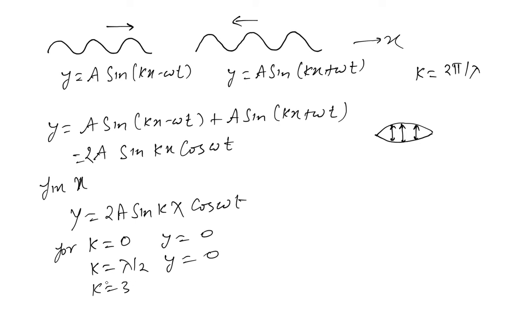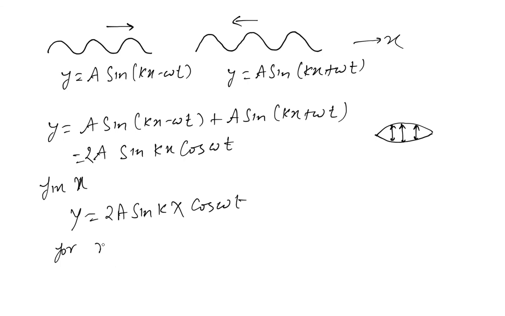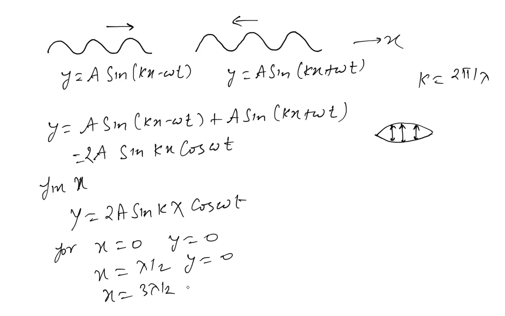Actually, for x equals 0, y is 0. For x equals lambda over 2, y is 0 again, and for x equals 3 lambda over 2, y is 0 again, and so on: 5 lambda over 2, 6 lambda over 2, 7 lambda over 2, and so on. And these are called the nodes of the standing wave.